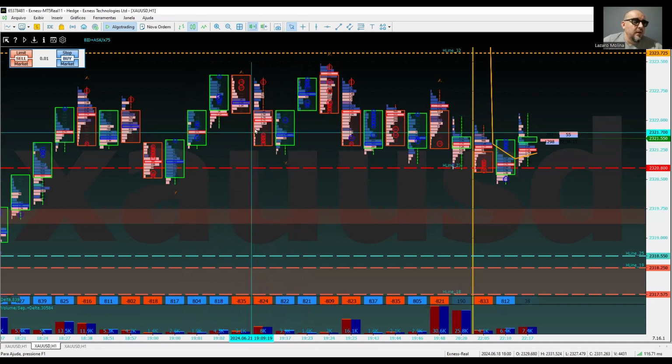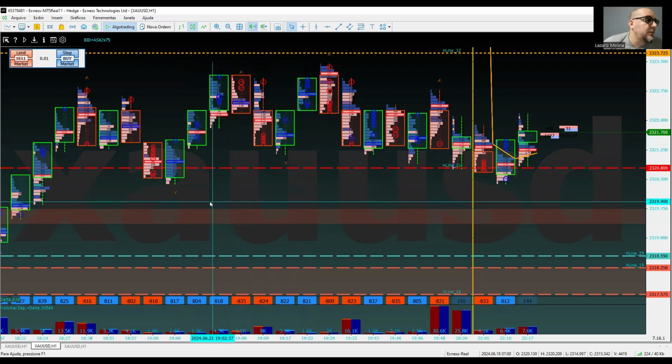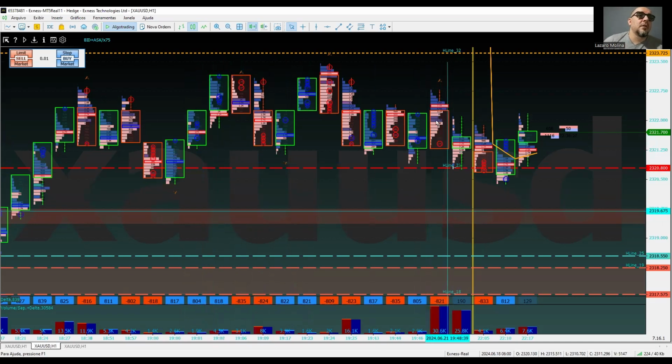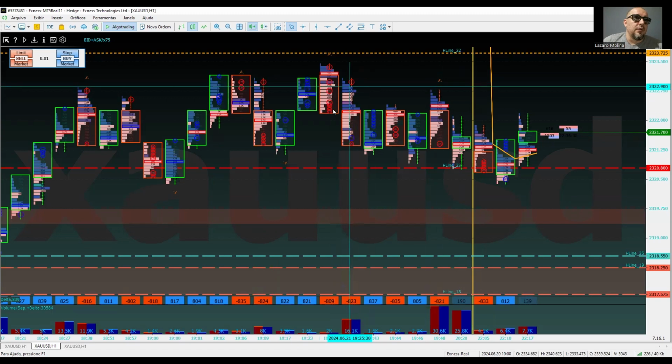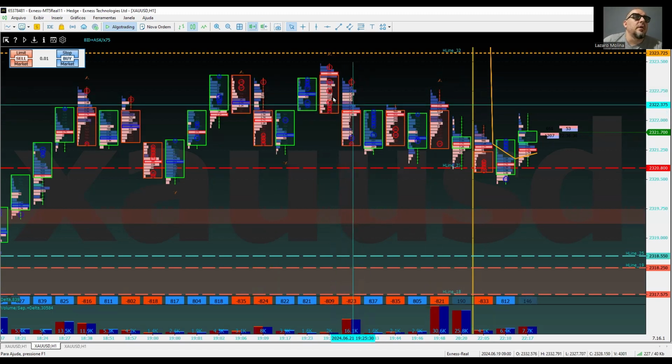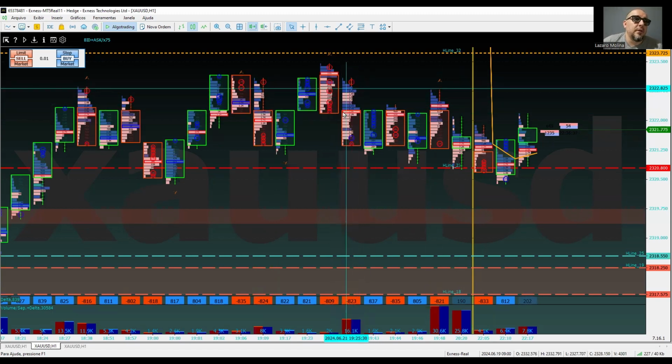Okay, and this way I can see where there was a greater negotiation interest, like in this cluster here, a very big interest here. In this one, the same, and in this one here, very good interest, a big interest in negotiation here too.